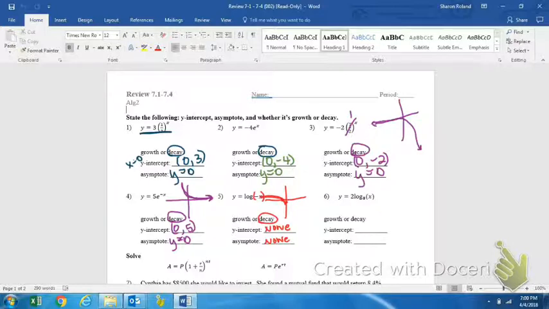All right, the next one, we're going to go back to the calculator and put in 2. And don't forget, the way that you put that one in the calculator is you have to go to Math, scroll up to log base, and you put 8 as the base and x inside the parentheses.